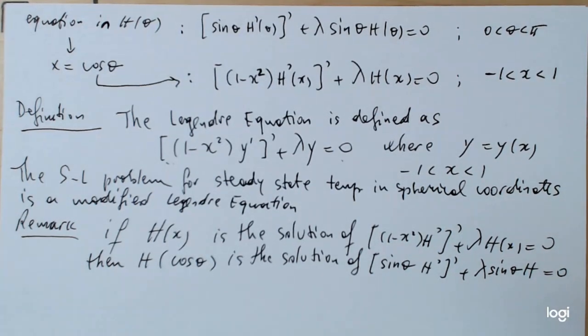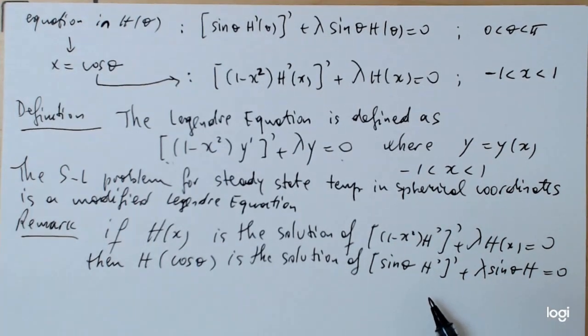So all we have to do once we know how to solve the Legendre equation is to plug in cosine theta for x. And for convenience, of course, we're going to derive formulas in terms of theta already. You can peek at the formula sheet, but you know that's the connection between these two.